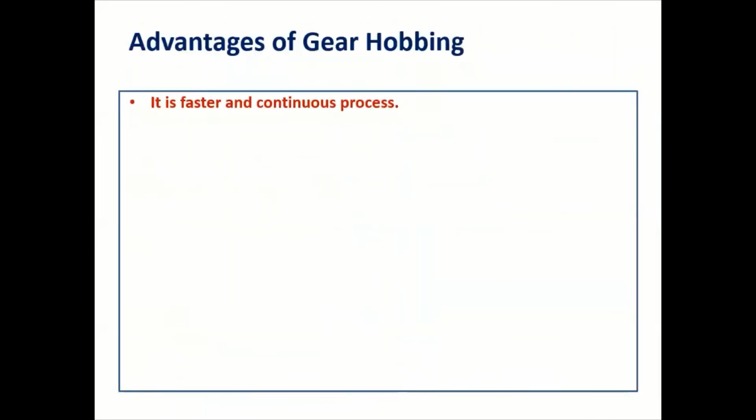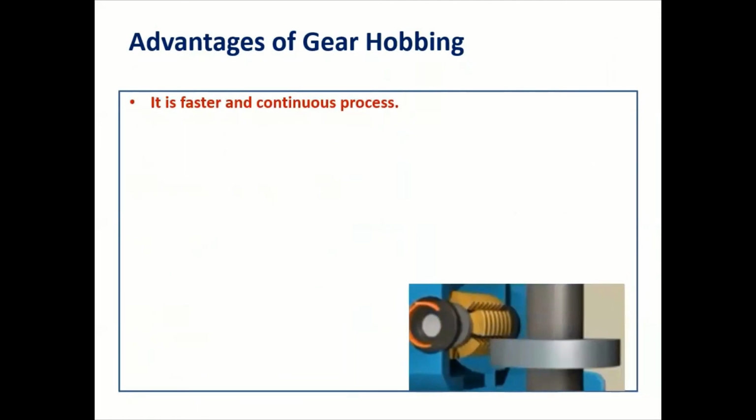As far as the advantages are concerned, it is a faster and continuous process. Because continuous teeth generation takes place on the blank progressively, the rate of production is high as it cuts several teeth simultaneously, meaning more than one tooth is cut at a time.